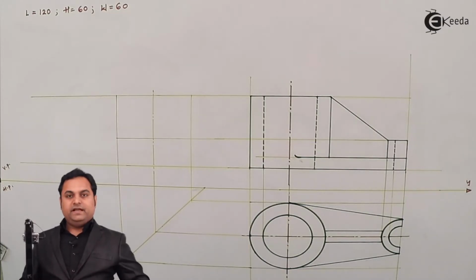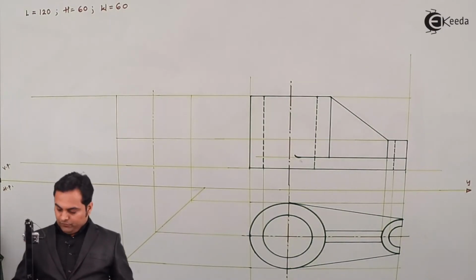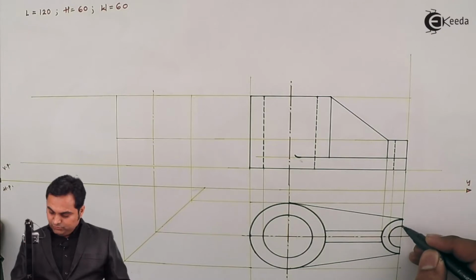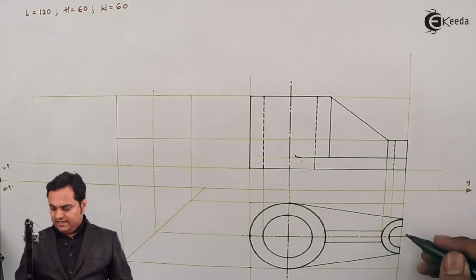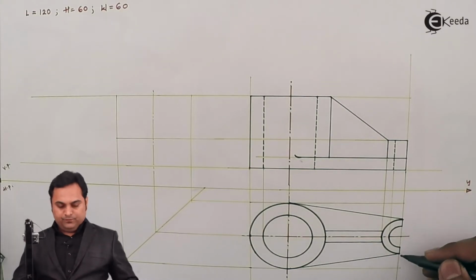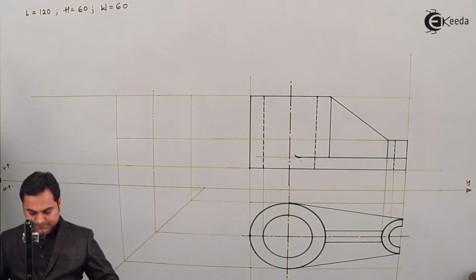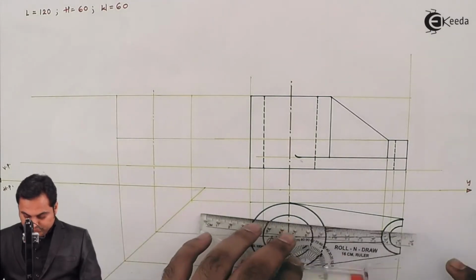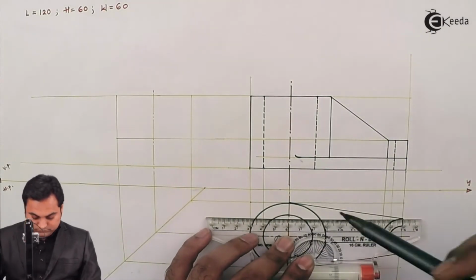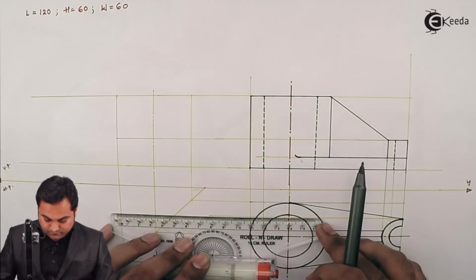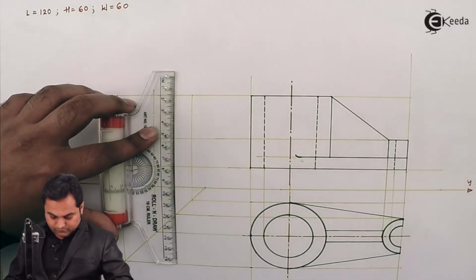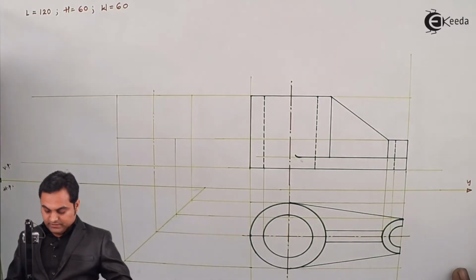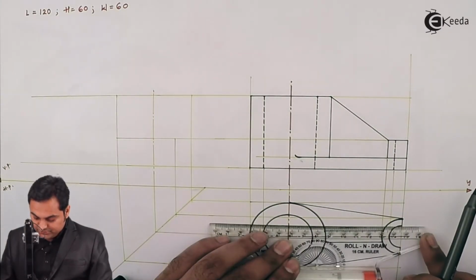Now the width of the rectangles we can get from the top view. These are the two rectangles which appear as a line in the top view. So projecting them into the side view, projecting it light, then I'll project this point.